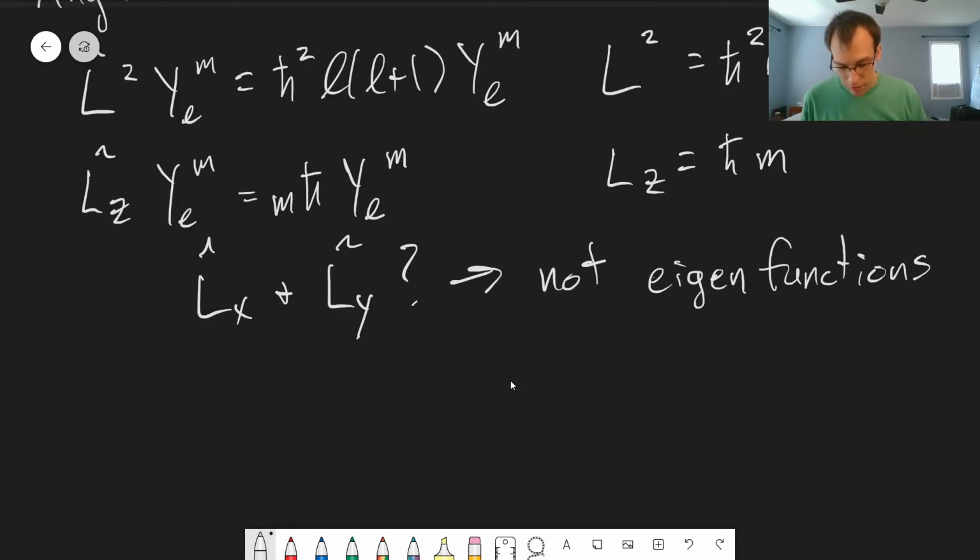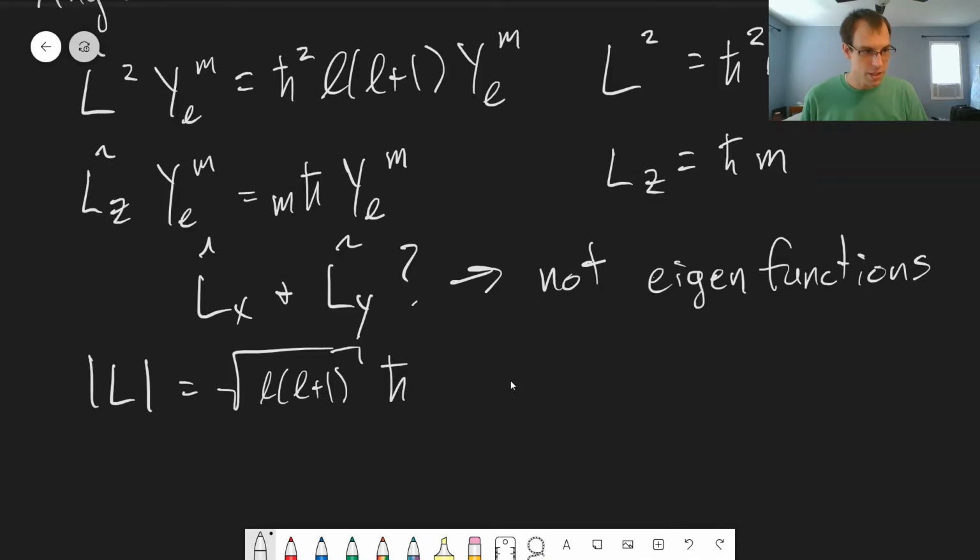So we know the magnitude of the angular momentum. We can say that the magnitude of L is the square root of the L squared operator, right? So we get the square root of L plus 1 times h bar. And we know the z component. We know Lz is m times h bar.